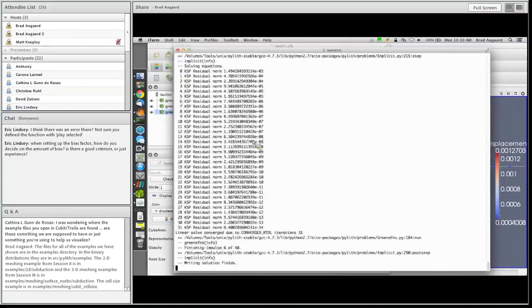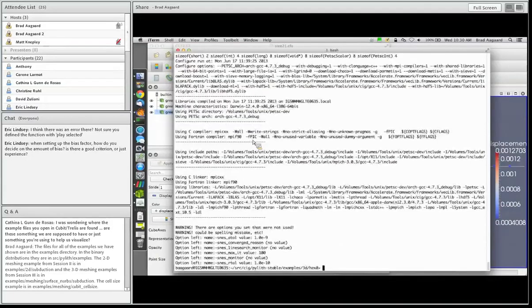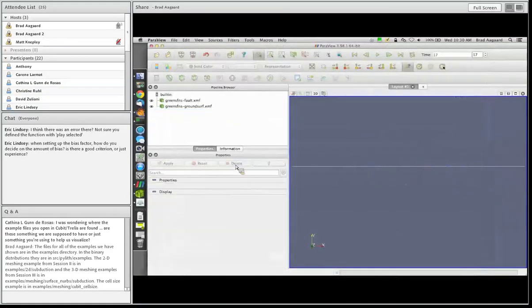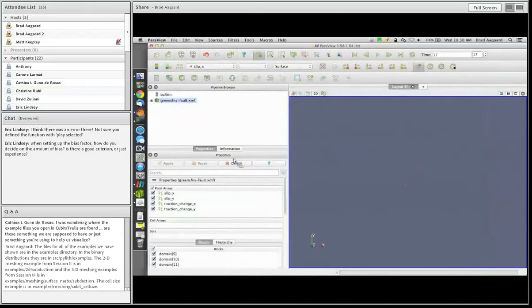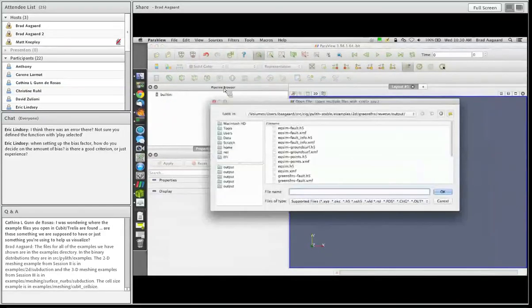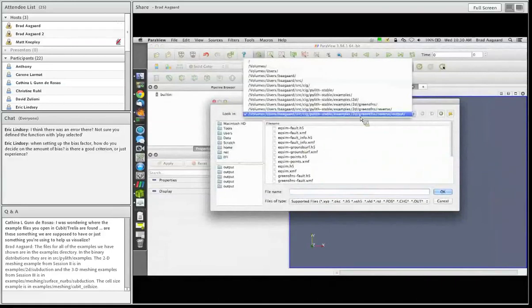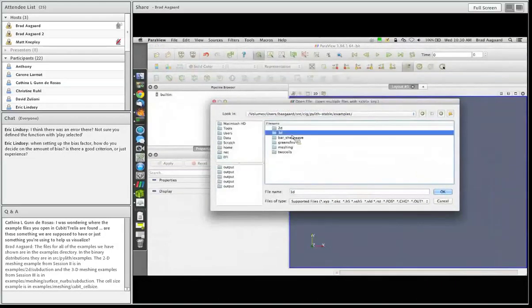There's our fault. Our points are on the ground surface. Let's show the displacement vectors for those points, with a scale of 4,000. That should work pretty well. So there's our displacement vectors.